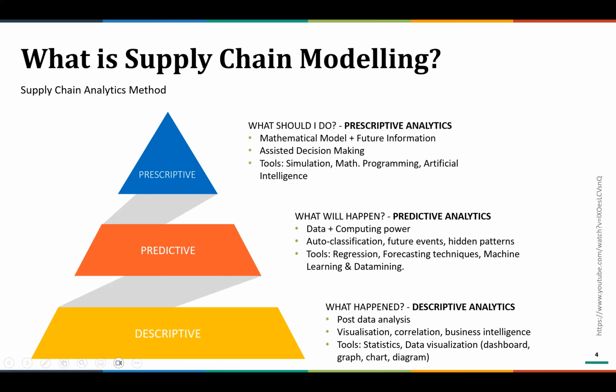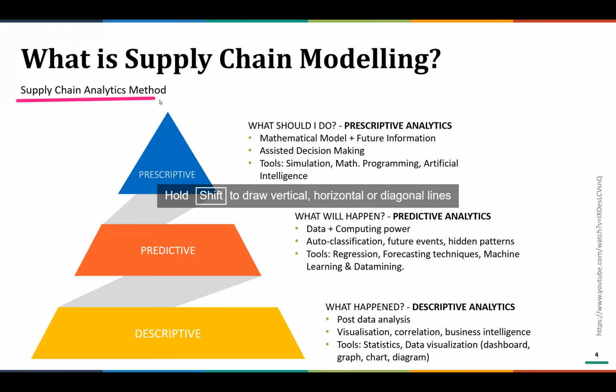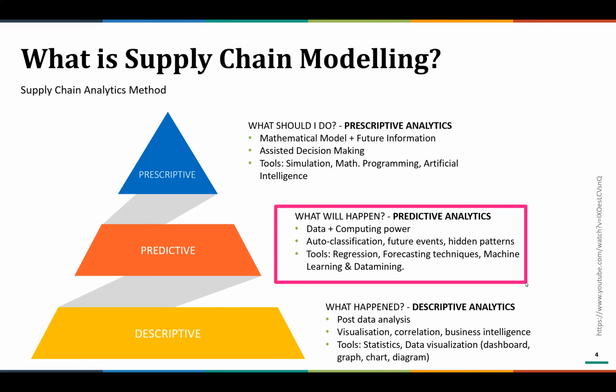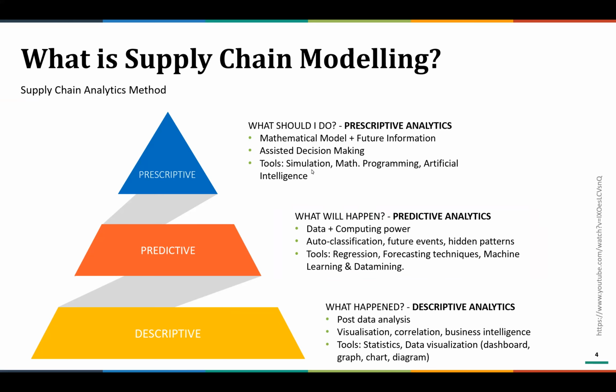In supply chain modeling, especially the supply chain analytics approach, we have three types of approach that are being discussed here. In today's topic, we are going to cover the predictive analytics, in which you are going to use several forecasting techniques.